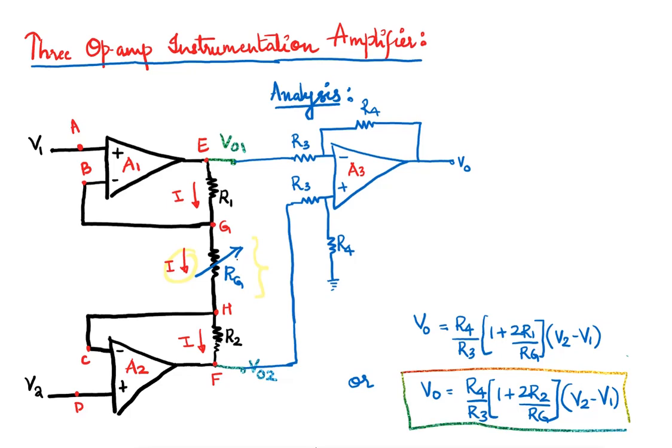So these are the two ways of representing the output equation, and this completes the analysis of the 3 op-amp instrumentation amplifier circuit.